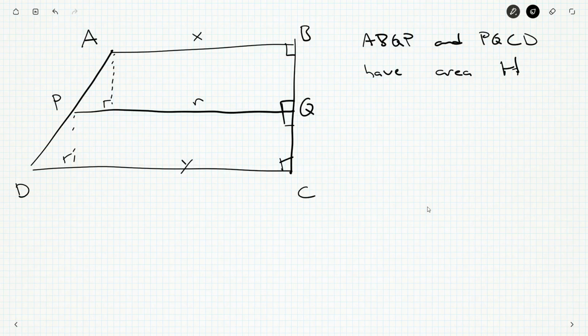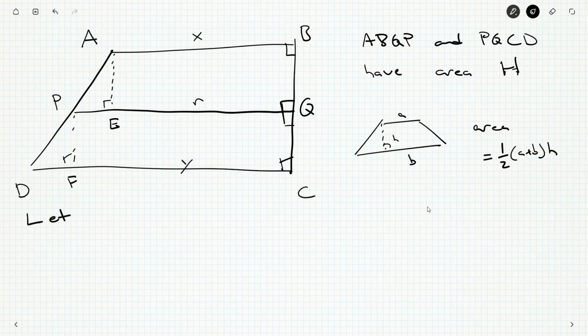Now, they mentioned their trapezoid, and already I'm starting to think, well, what's the formula for the area of a trapezoid? Well, if I have the height of a trapezoid, and I have the lengths of the parallel sides, the area of the trapezoid is 1/2 the sum of the parallel sides times the height. Well, I don't have heights here, although I could make heights, so I could drop an E and an F here.